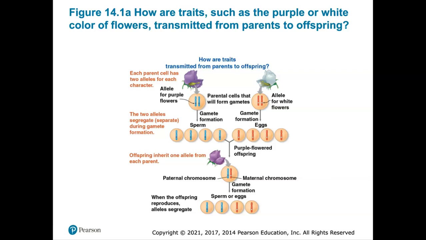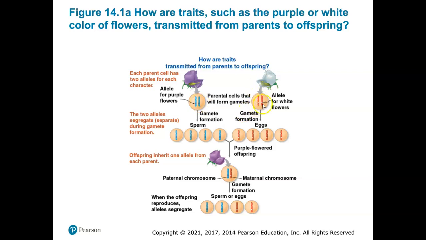So what we're looking at here is that Gregor Mendel learned that each parent has two alleles, or versions, two genes for each trait. One allele came from its father, and one came from the mother. In other words, one came from the sperm, one came from the egg. Same thing over here.